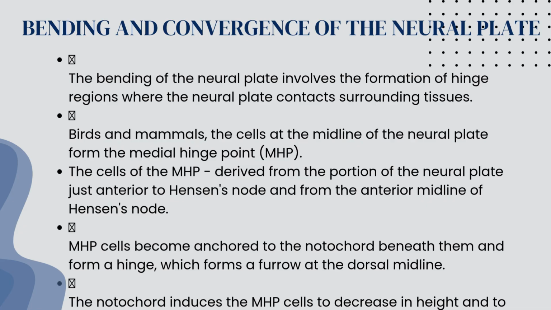The notochord induces these median hinge point cells to decrease in height and become wedge shaped. Cells lateral to these do not undergo any such changes. Shortly thereafter, two other hinge regions form furrows near where the neural plate connects with the remainder of the ectoderm.